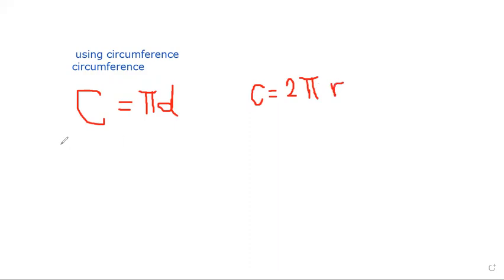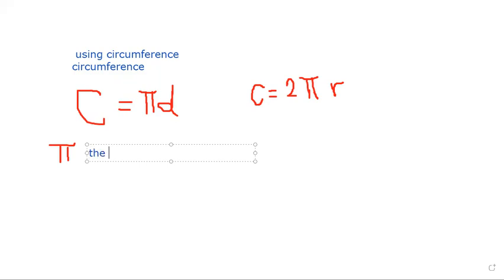What is pi, grade 7? Pi is what? 3.14. No, I'm not talking about its value, my dear. I'm talking about the meaning of pi. What does pi represent?